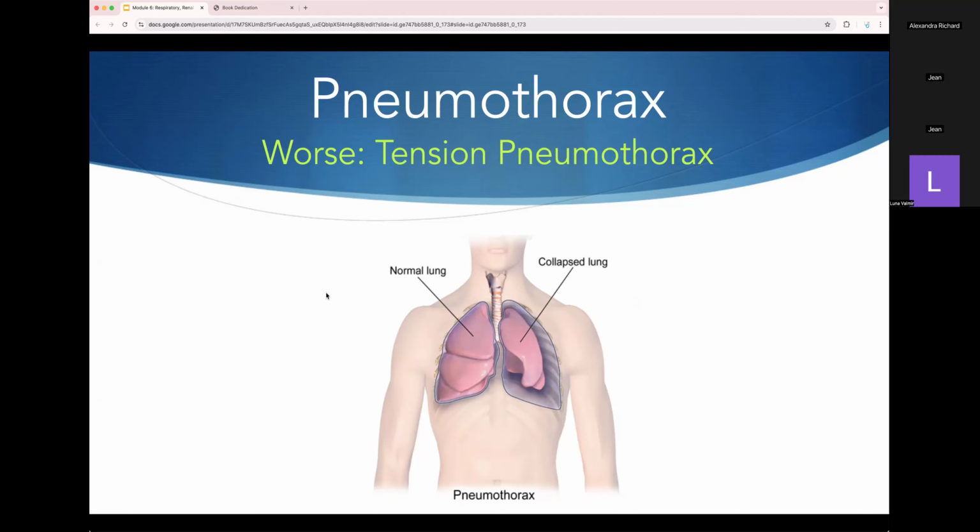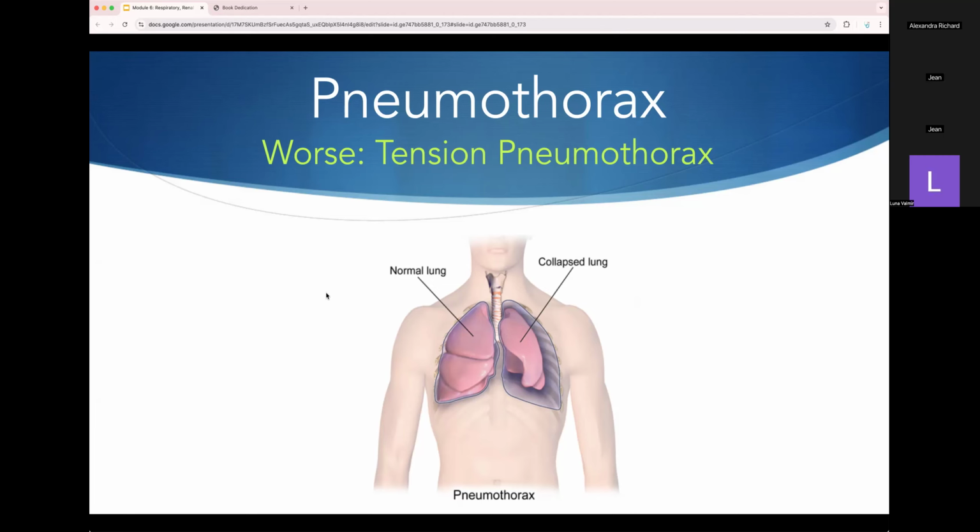Whatever caused it, the issue with pneumothorax is air has entered the chest cavity and it causes a lung to collapse. Remember, write this down, air should only be inside the lung.